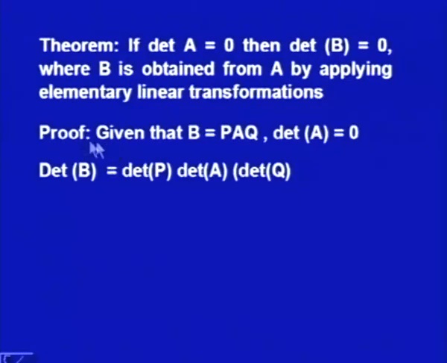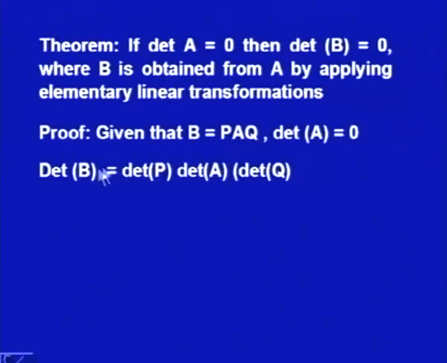To prove this, let us say B is equivalent to A, because B is obtained by applying elementary linear transformations to A. That means there exist non-singular transformations P and Q, so that B is equal to PAQ. Further, it has been given that determinant A is equal to 0. We have to prove that determinant B is also 0.